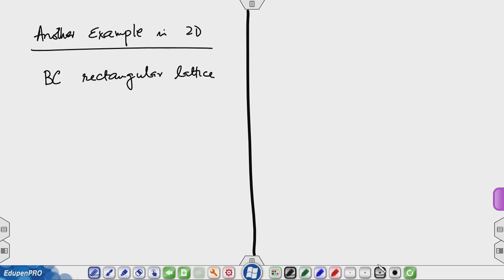So, the way it looks is, there are these points, and then there are points at the center of the rectangle. I will draw lattice vectors to nearby points. So, this is how they are going to look.